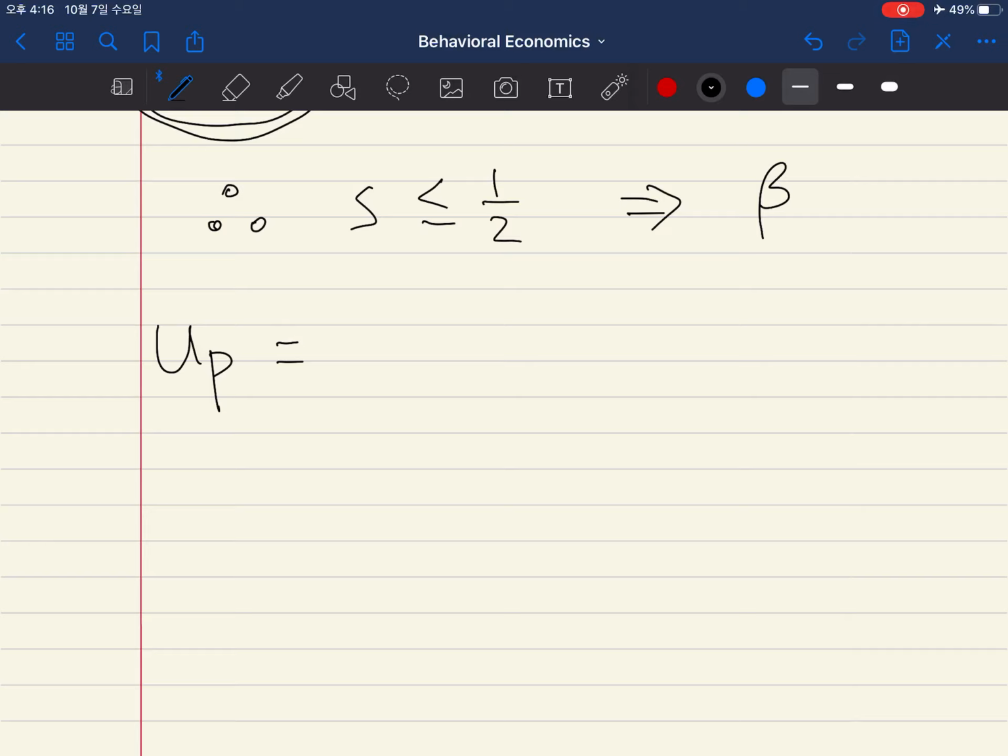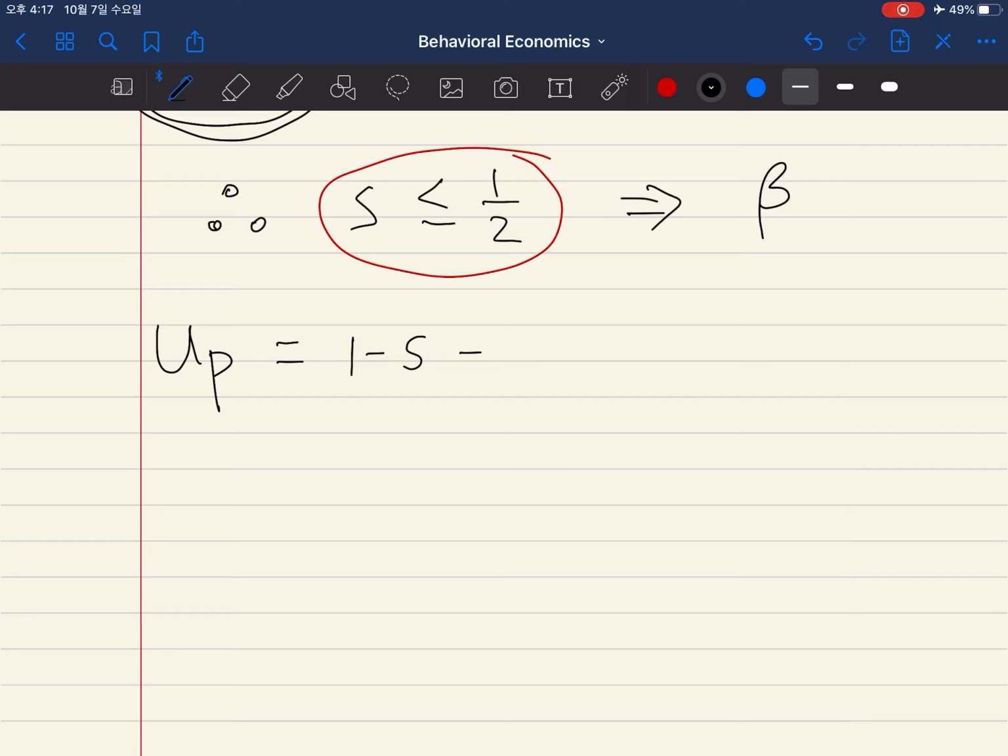We know that the proposer is going to offer less than or equal to half. So at best, the proposer is going to offer exactly half, but the proposer is never going to offer more than half. So the proposer's utility is going to be his consumption, so 1 minus s, and there is inequality.